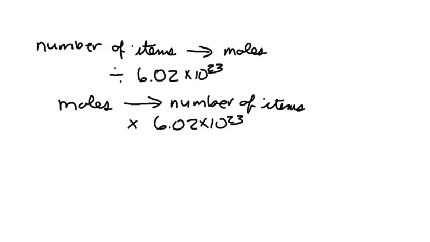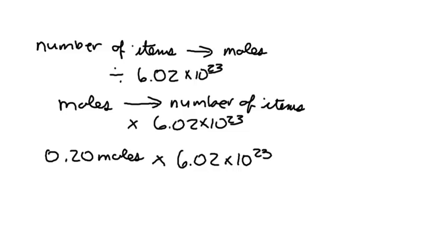So let's say that I have 0.20 moles of hydrogen ions. That's what I want to have. And I want to know how many hydrogen ions do I have. I have moles. I'm trying to get to number of items, so I'll multiply by 6.02 times 10 to the 23rd.